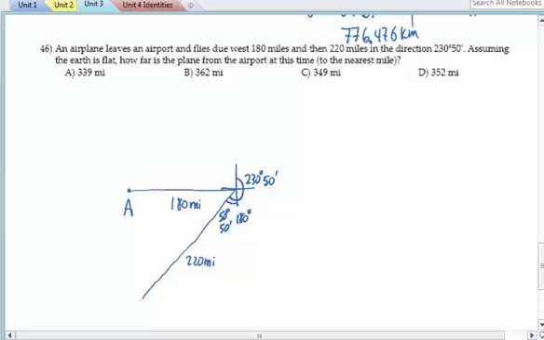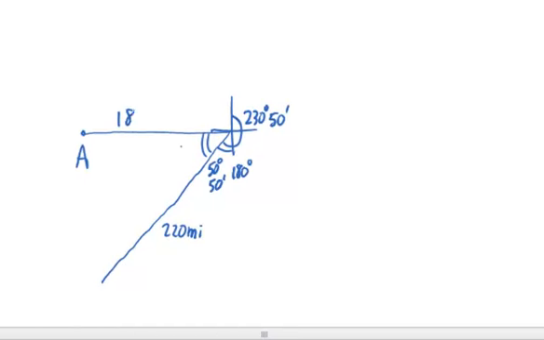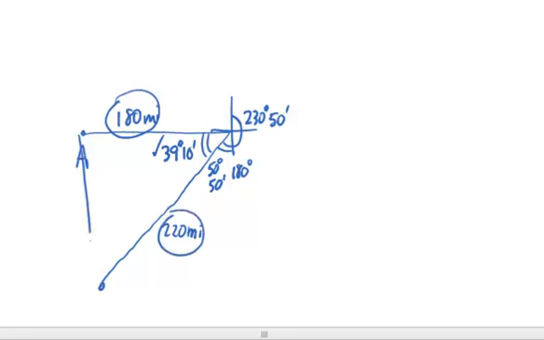And so that is going to leave an angle on the inside here, the remainder of 90, so that's going to be 39 degrees 10 minutes. And now I have side, angle, side, and I can use that with law of cosines.